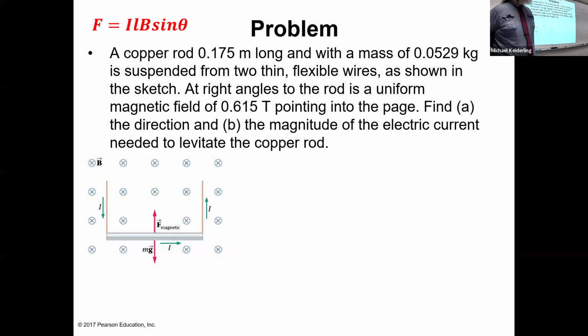The magnetic force on a wire is current times length times magnetic field times the sine of the angle. In this case, that angle is 90 degrees, so the sine of the angle will be 1.